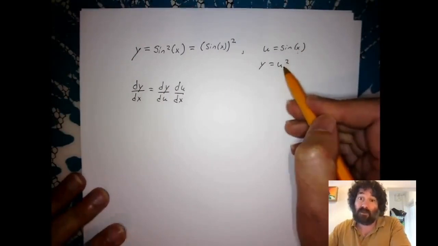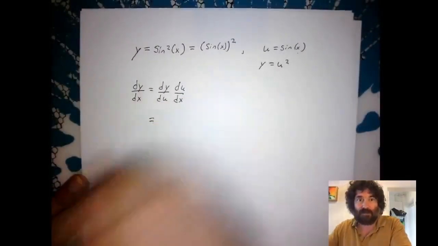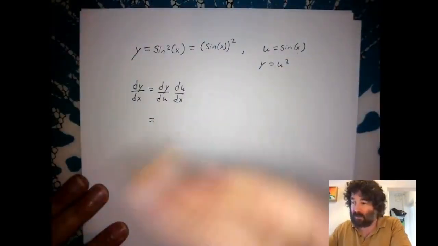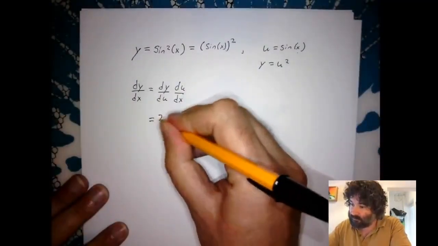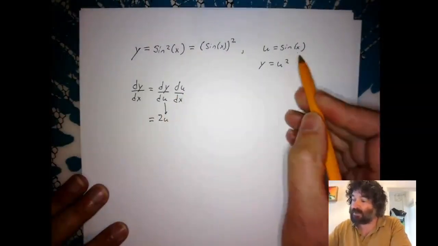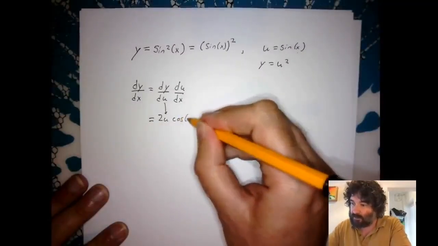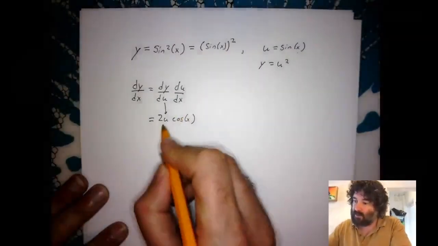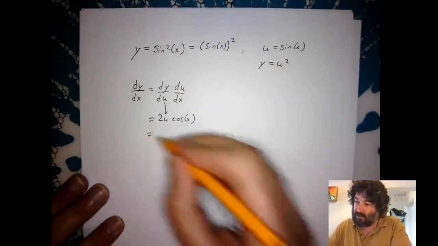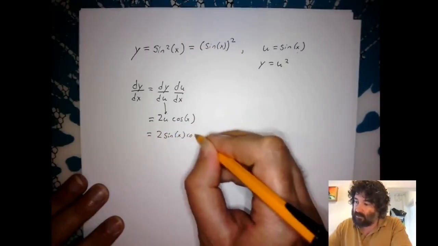So derivative of y with respect to u, use the formula we actually derived last time straight from the definition with the secant lines, is 2u, that part, and then du dx, the derivative of sine is cosine. We've gone over that several times. All right, and so then you can substitute back in what u is. So u is sine of x, and so you have 2 sine of x cosine of x.